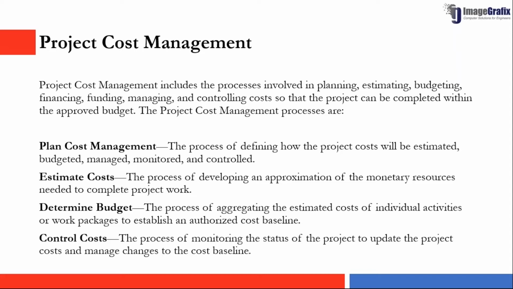But when you take P6, in P6 we are not doing cost management. We are only doing the resource cost. We are allocating the resource, we are getting the cost, and we are assigning the actuals, and we are getting the actual cost. That's it.